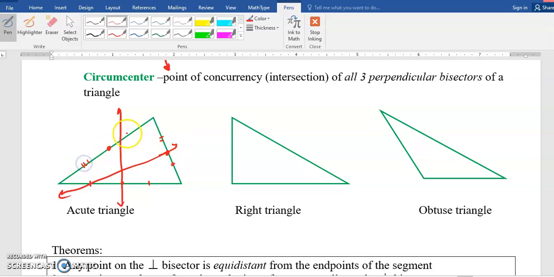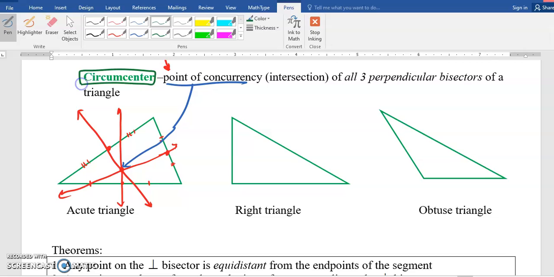Bisect, go perpendicular. Now what will happen is they will always be what we call concurrent. So the point right here would be the point of concurrency. And the point of concurrency of perpendicular bisectors is called the circumcenter.